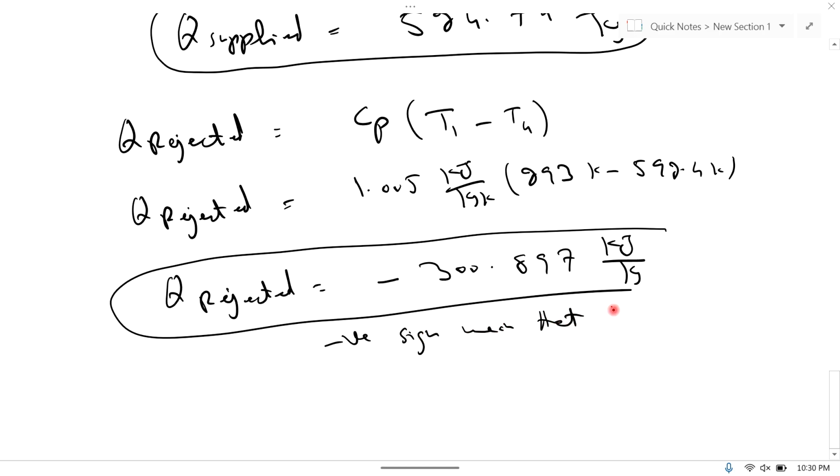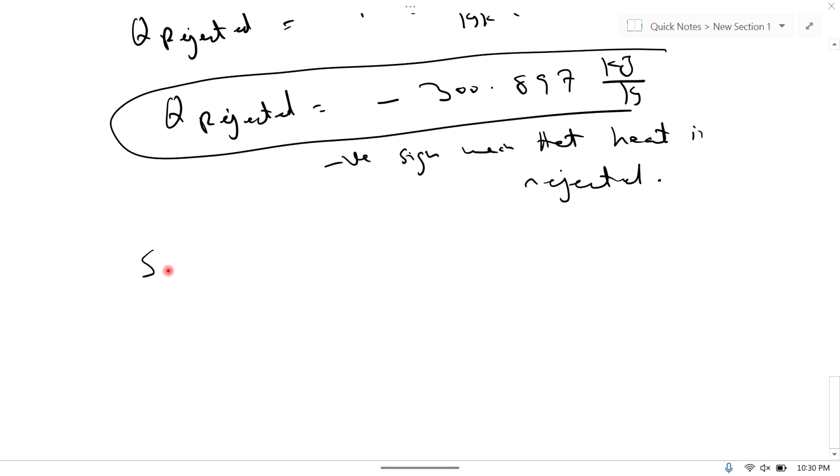Now we can easily find the cycle efficiency. The ideal cycle efficiency is basically work net divided by heat supplied.